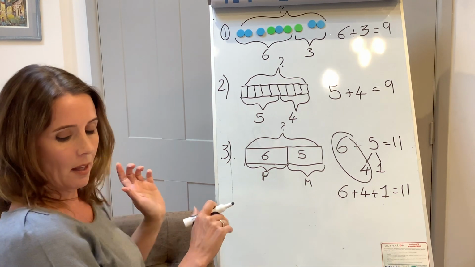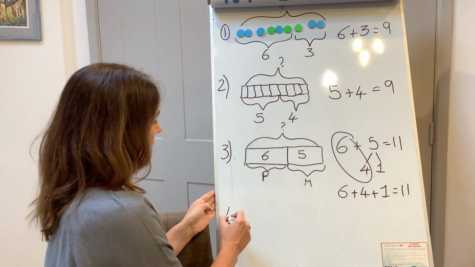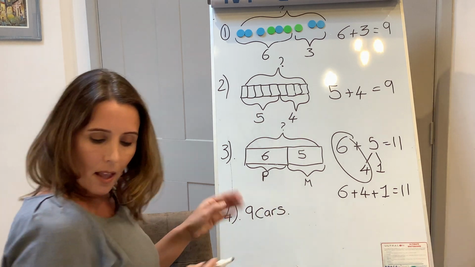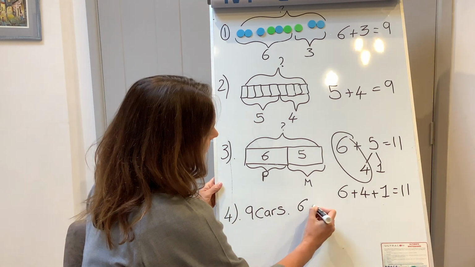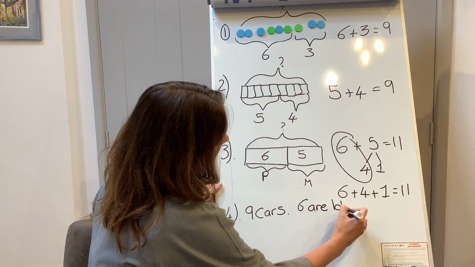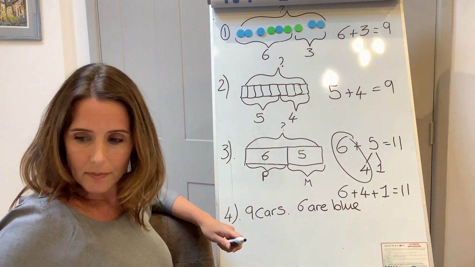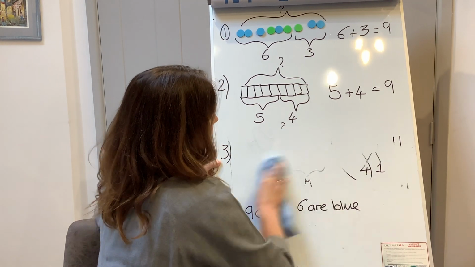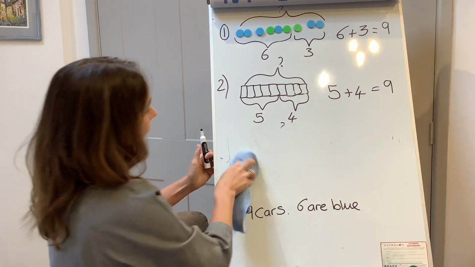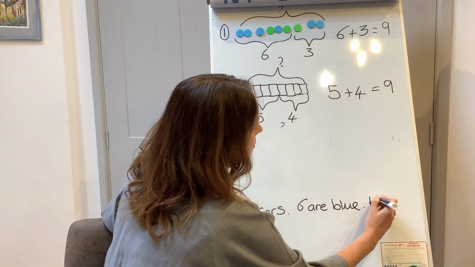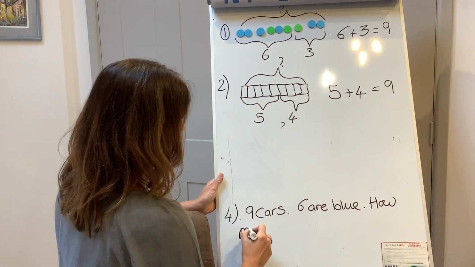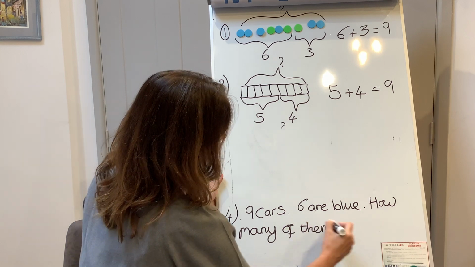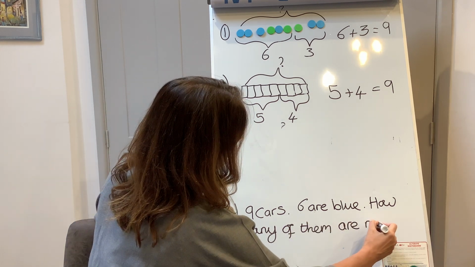The final one, there are 9 cars. 6 are blue. How many of them are red?